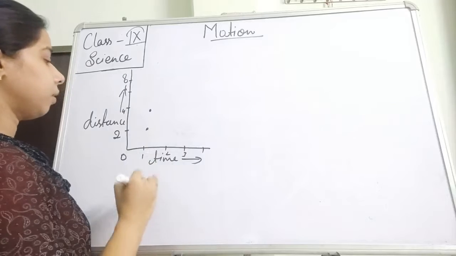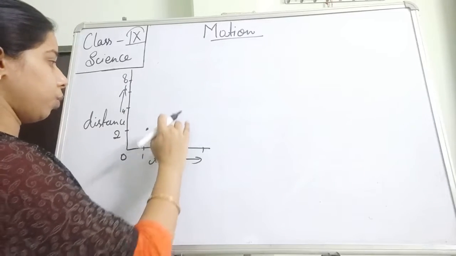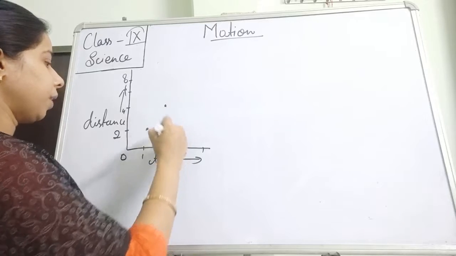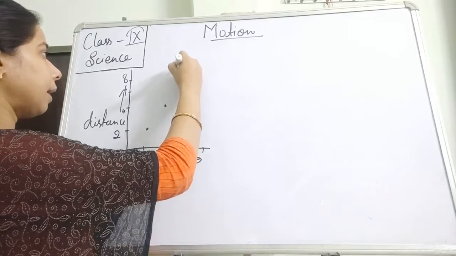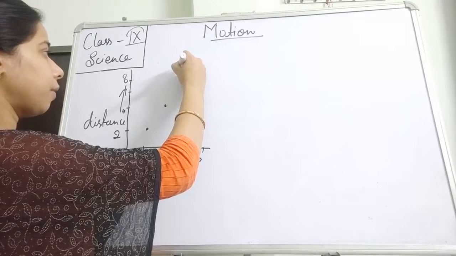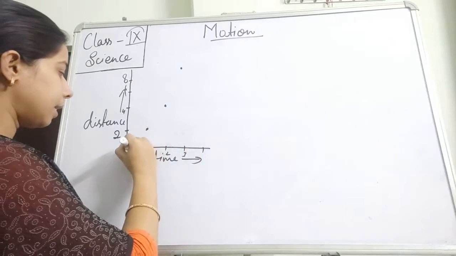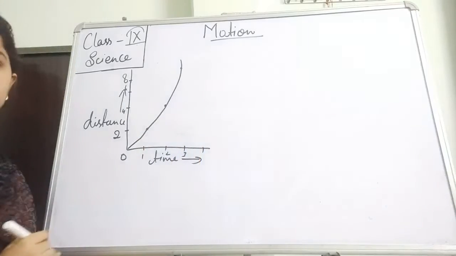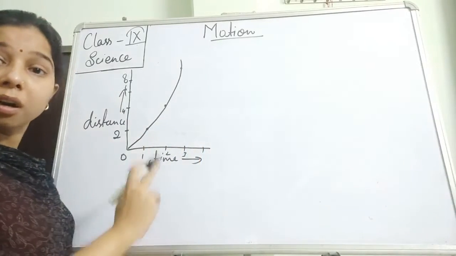Then at the third second, it is at 8. So here, I will write it as 8. Basically, the kind of curve that we get here, students, will be like this only. So this is the kind of curved graph.